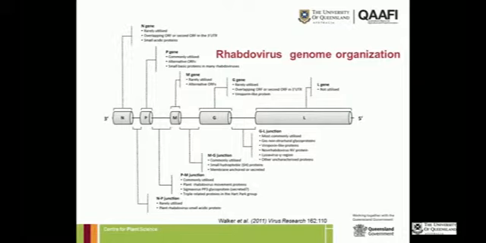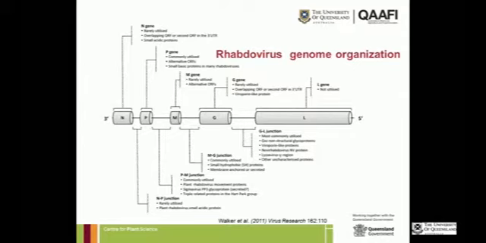Now, looking at the genome of Rhabdoviruses across the board, and here again are those 5 genes, N, P, M, G, and L. There are accessory genes that the viruses have incorporated into this generic genome structure. And in most cases, these accessory genes have inserted between the existing open reading frames rather than within a gene, which might interrupt the function of the gene.